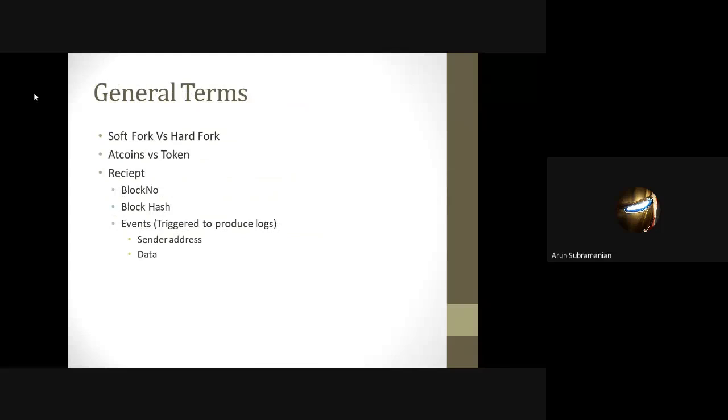Okay. So some general terms before we move further. There is something like soft fork and hard fork. I earlier said that multiple nodes can create blocks at the same time, because there might be a delay of some microseconds.